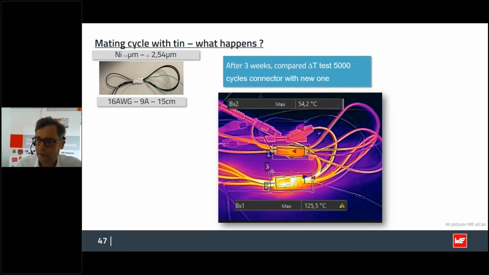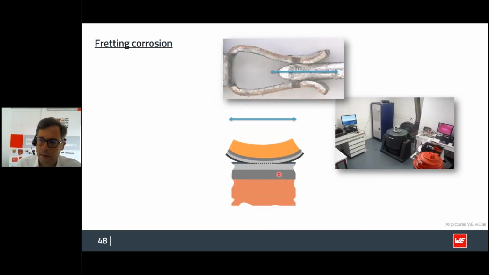So a factor of 2.5 is given here between the connector with the 25 mating cycles and the one with much higher mating cycles. So temperature increase might be a critical aspect in this consideration.